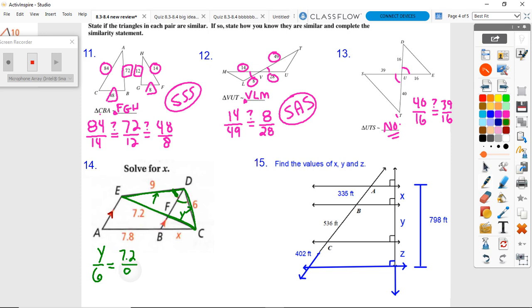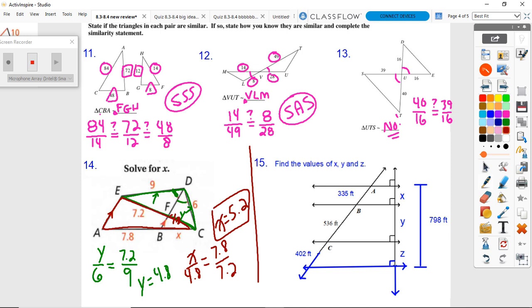Get a value of 4.8. And then I could use that, 4.8, in the bottom triangle and say x is to 4.8 as 7.8 is to 7.2, for a grand total of 5.2. So keep in mind that you can break them down.